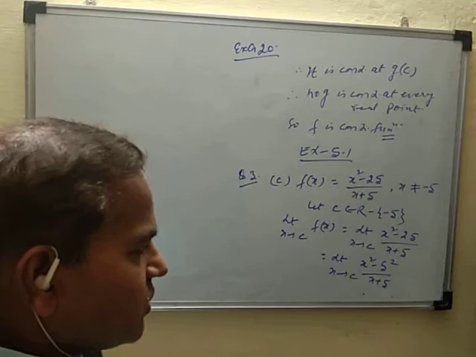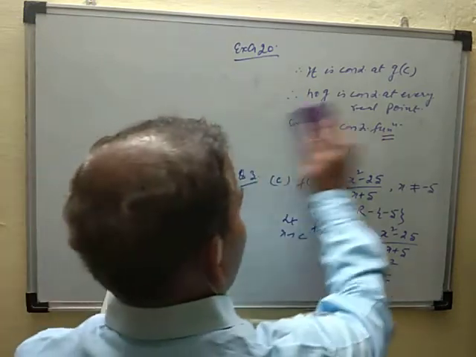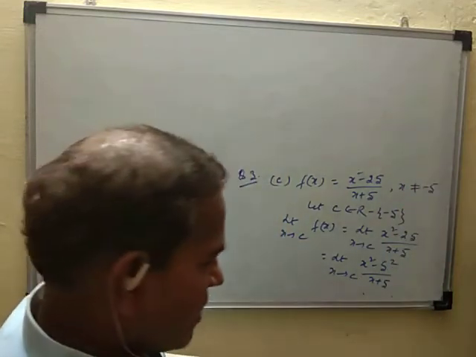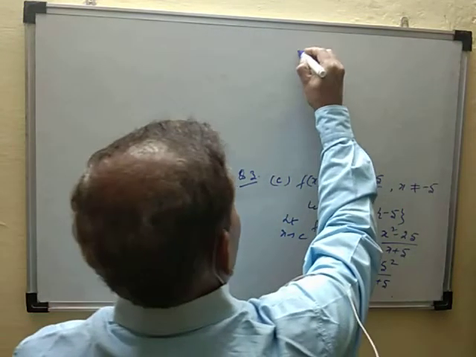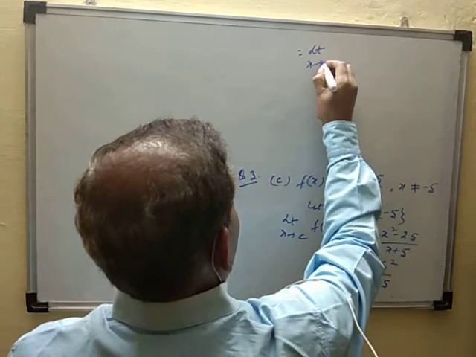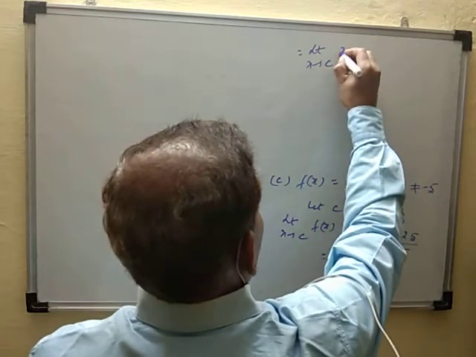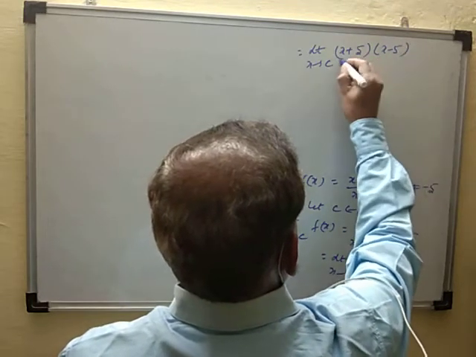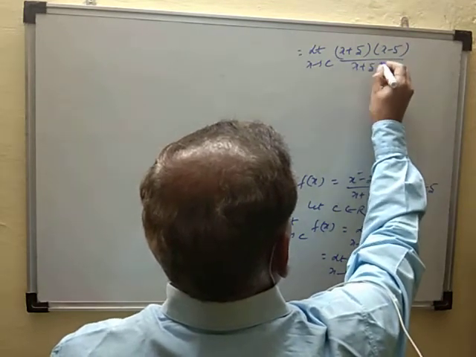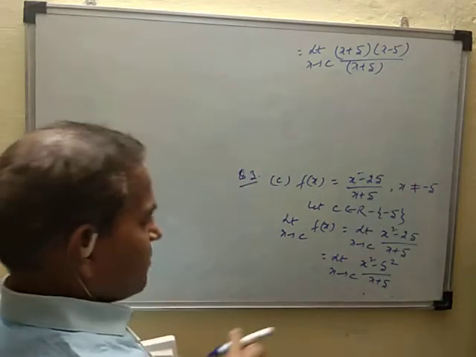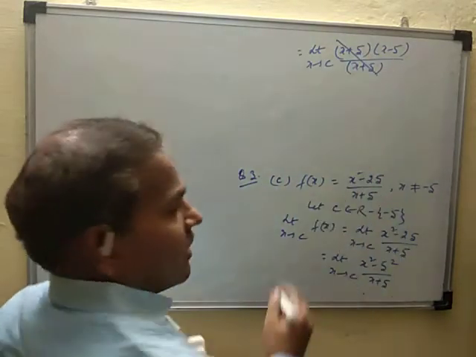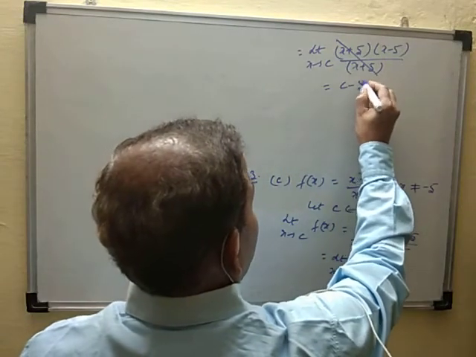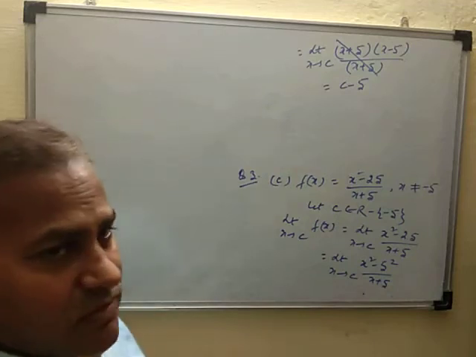Now use identity a square minus b square, this is equal to limit x tending to C x plus 5 into x minus 5 divided by x plus 5. This x plus 5 cancels. Now put x is equal to C. So limit value is C minus 5.